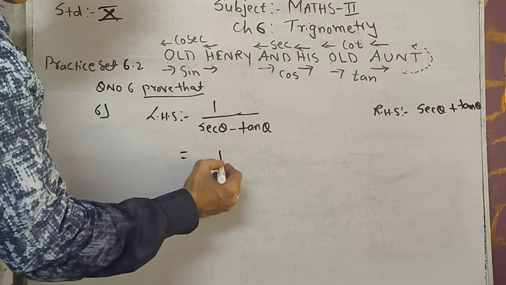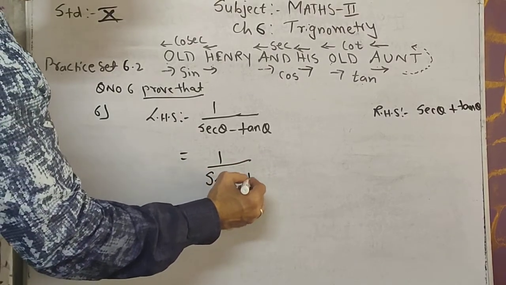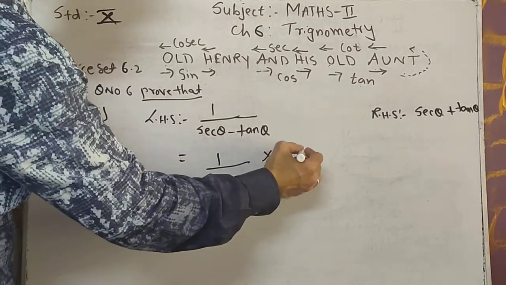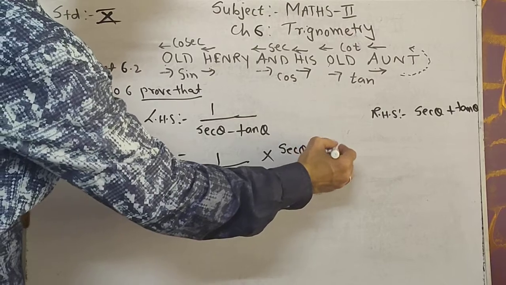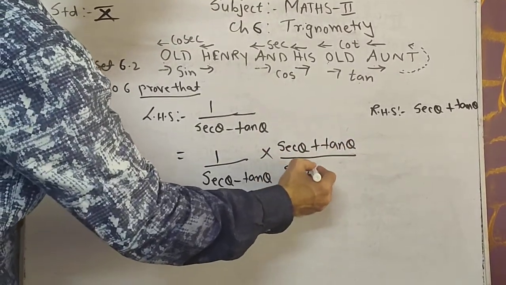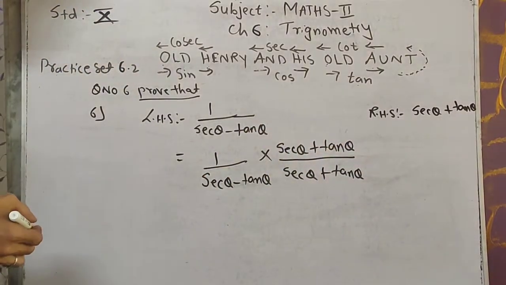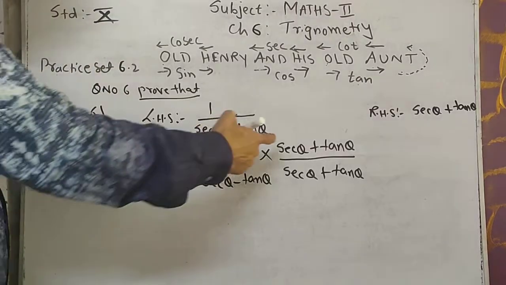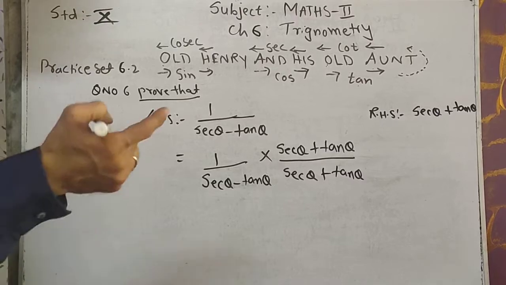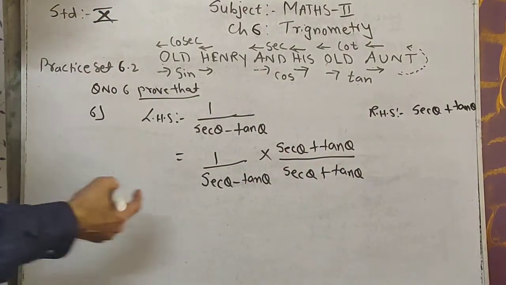So 1 upon sec theta minus tan theta into sec theta plus tan theta upon sec theta plus tan theta. Multiplying numerator and denominator by sec theta plus tan theta. Very easy sum, because we want this answer, sec theta plus tan theta.